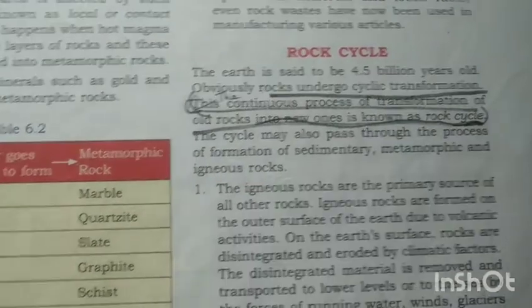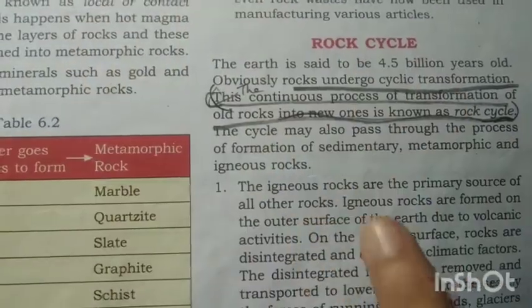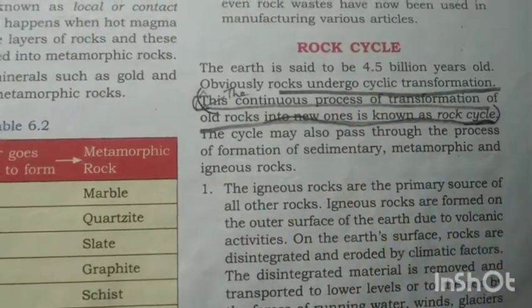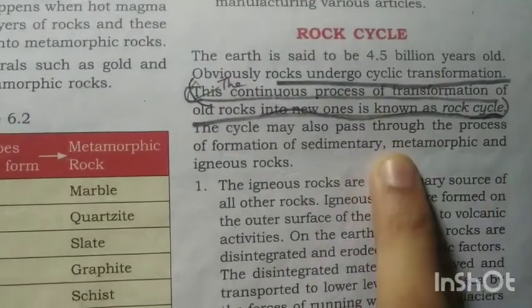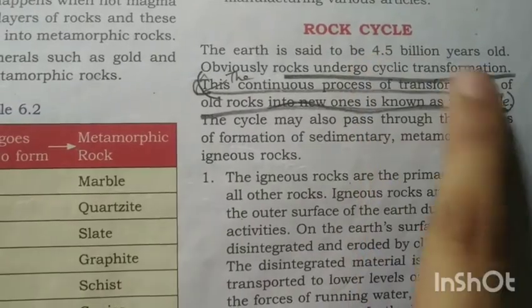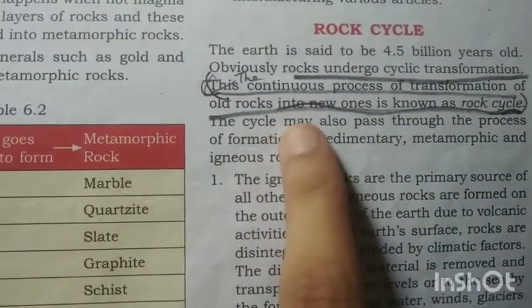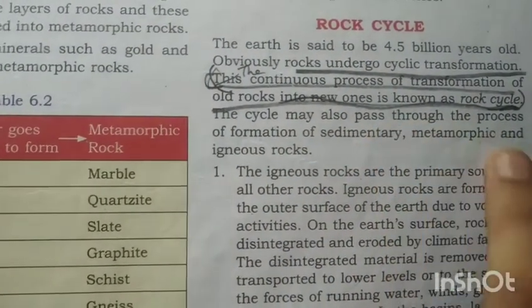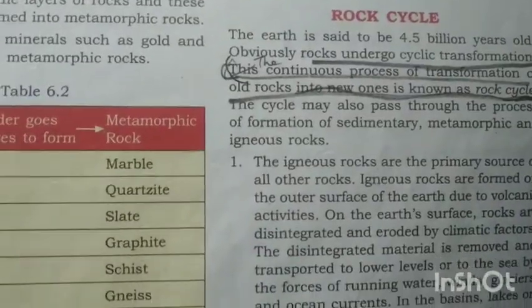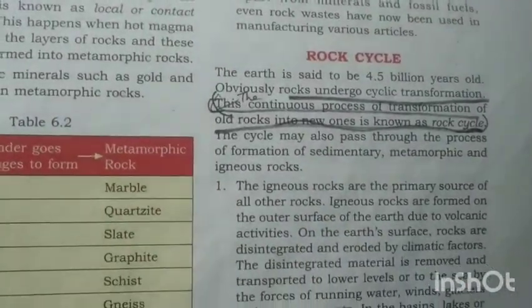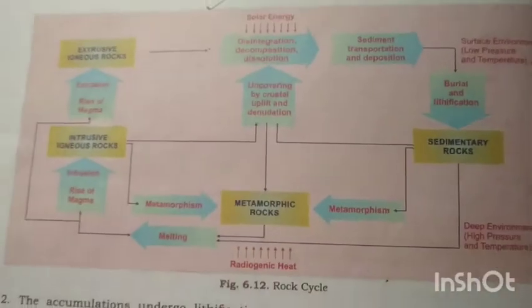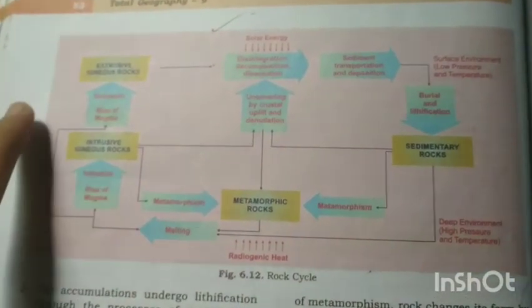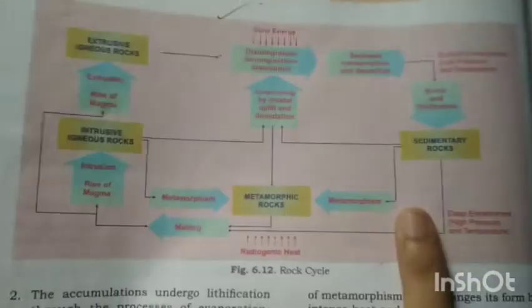So all these things are called your rock cycle. A rock undergoes cyclic transformation, this continuous process of transformation of old rocks into new ones, and that is called rock cycle. Apart from this, nothing else is there in this chapter. This is a diagram, and sometimes this diagram is asked.